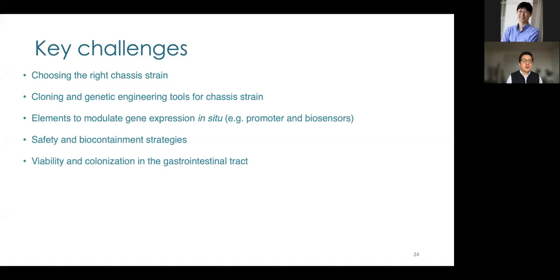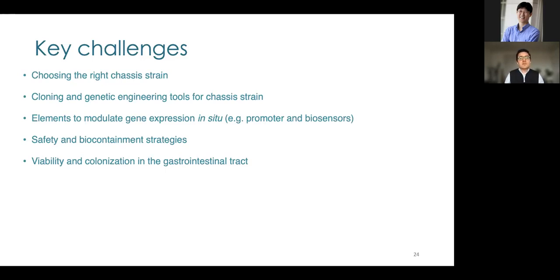You also need to develop different approaches to increase the viability and the colonization of the gastrointestinal tract. It is a particularly challenging point because understanding what are the factors that affect colonization is very complex. There are factors that connect with diet, factors that connect with the immune system and with the genetics of the host, as well as the composition of the microbiome community.